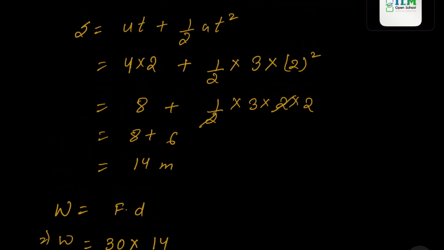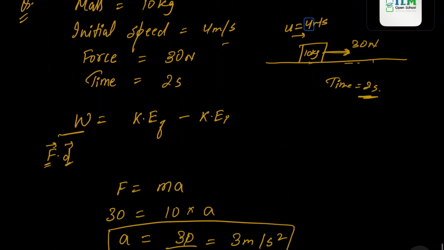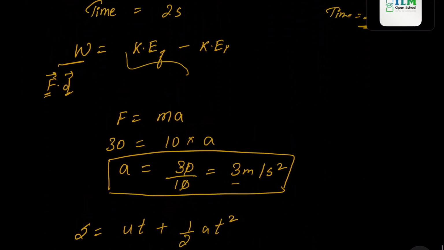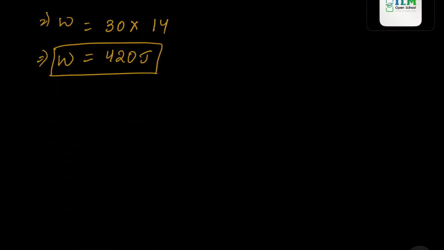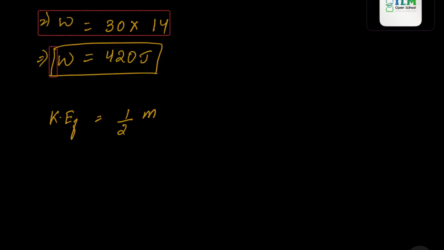Now we will find this portion. We have found the work. Now we will find this portion and then see whether it is equal or not, whether the formula is true or not. So we will find kinetic energy final, then kinetic energy initial. To find kinetic energy final, we need half m v f square, since mass is not changing and is constant.